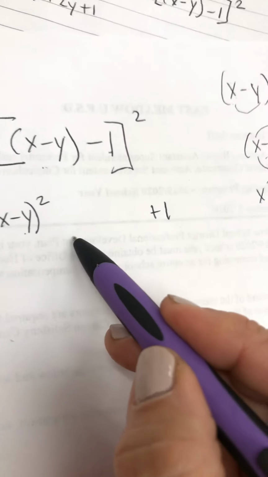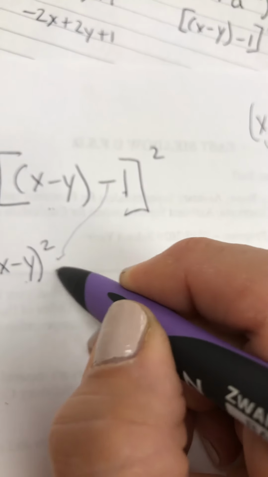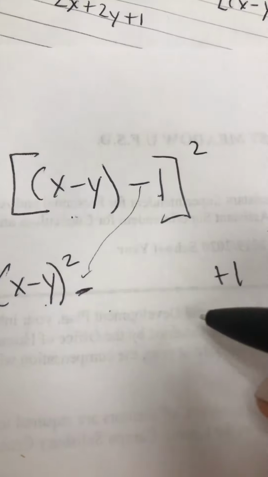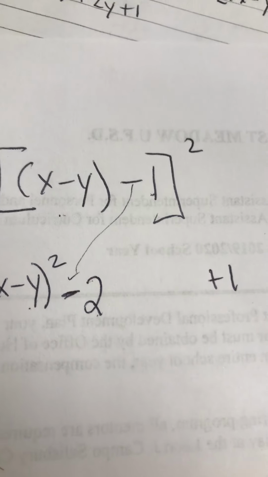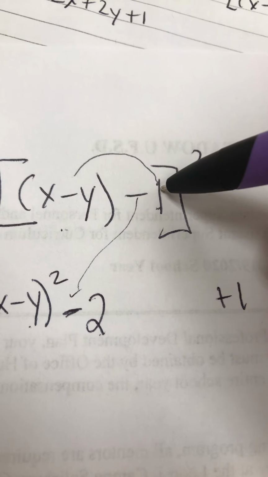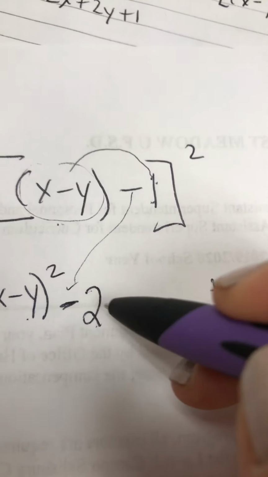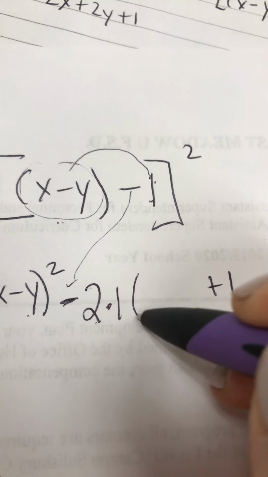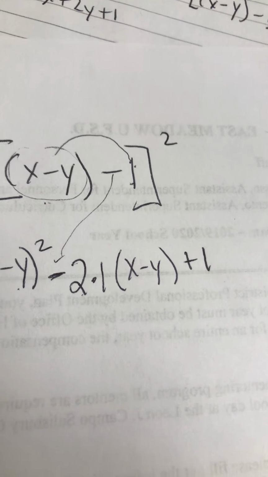So come back to this. A negative 2, because we know we're going to have two of them. If I were to do this product, 1 times this, so it's 1 times that, okay?